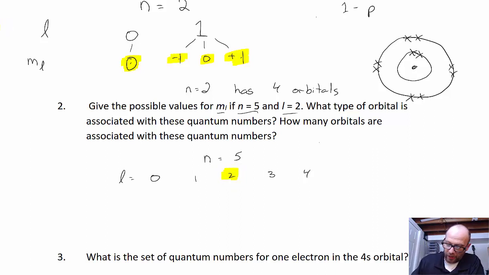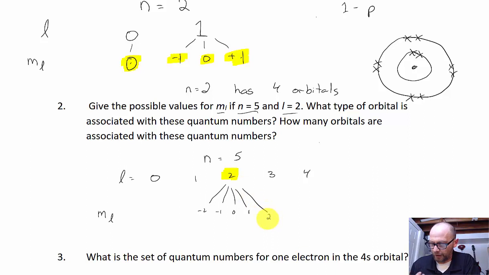What are the possible ML values? The ML values that I've got for 2 would be -2, -1, 0, 1, and 2. Those are my 5 possible values that I can have.